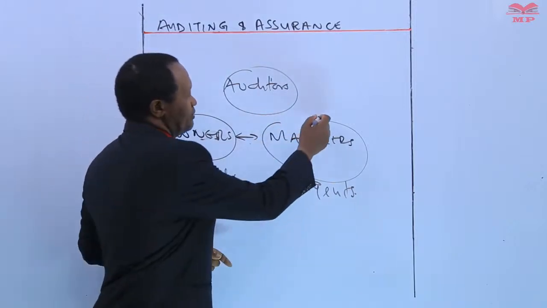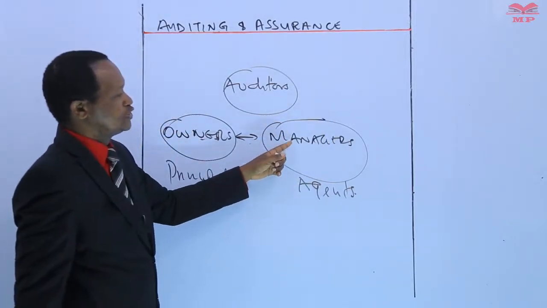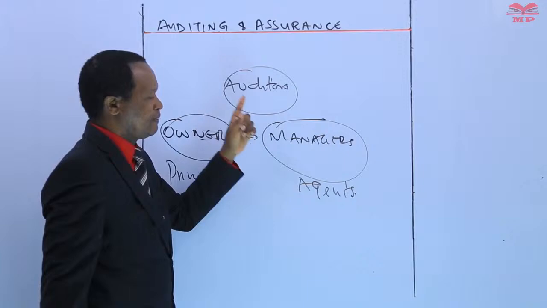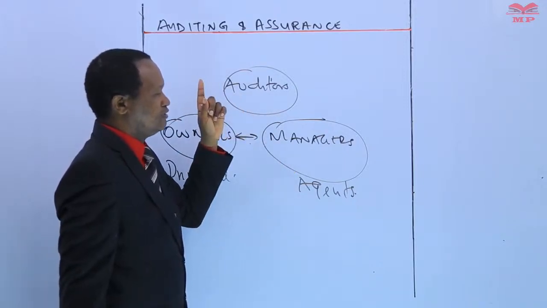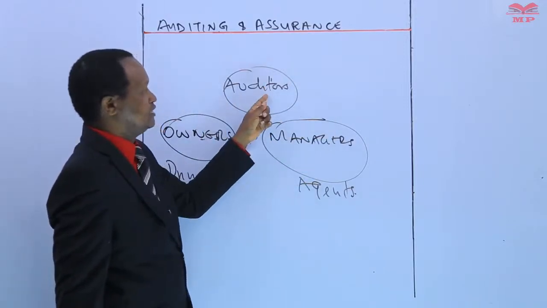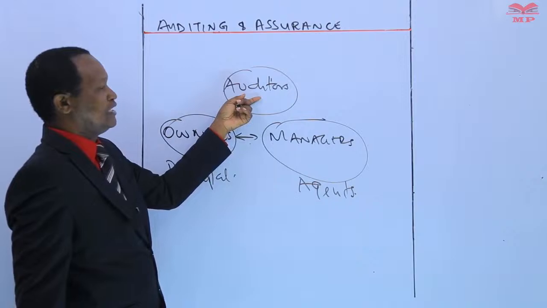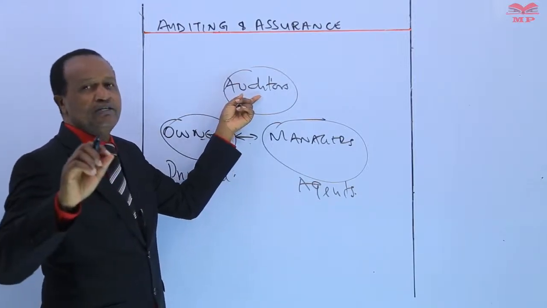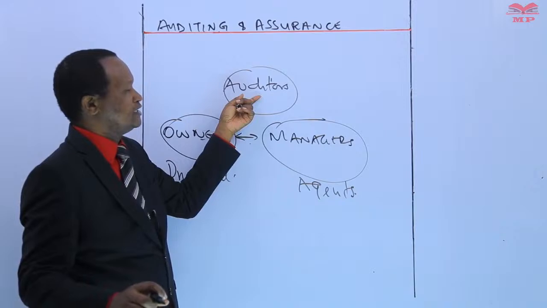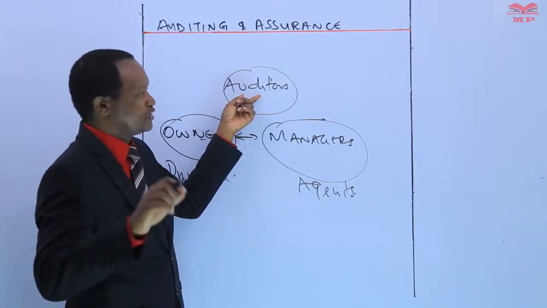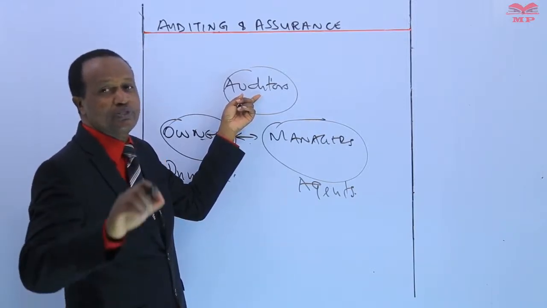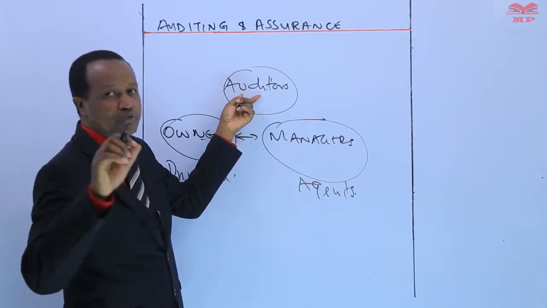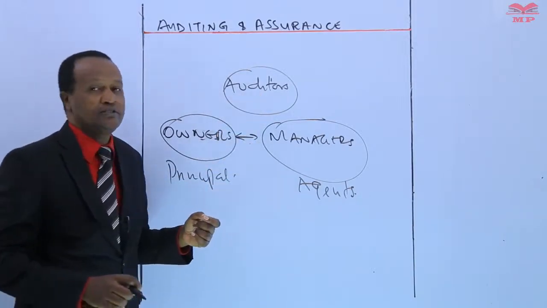They do not report to the management. So the manager's role is to make available financial statements which are audited. So the auditor ascertains the accuracy, fairness, and also checks if the financial statements have been prepared in compliance with the applicable laws, regulations, and standards.